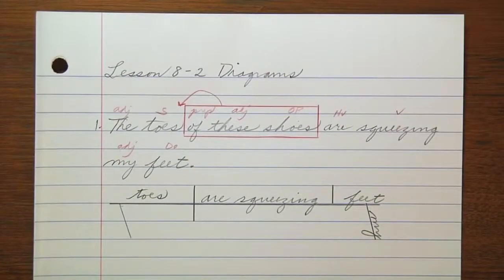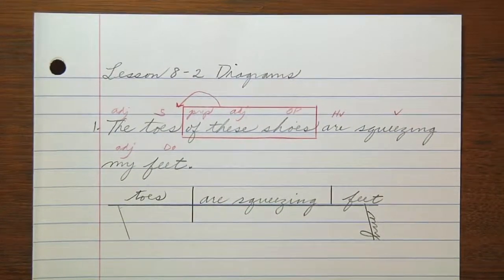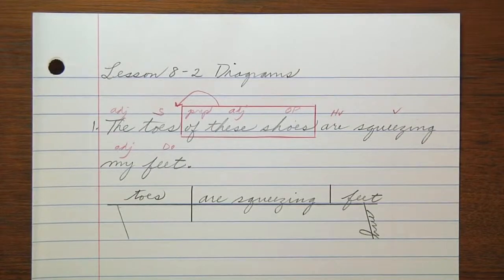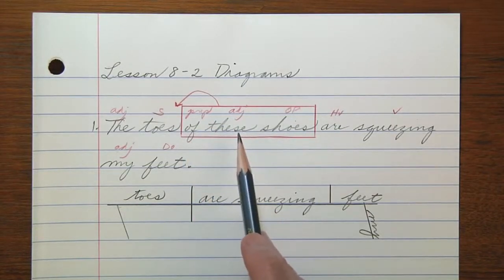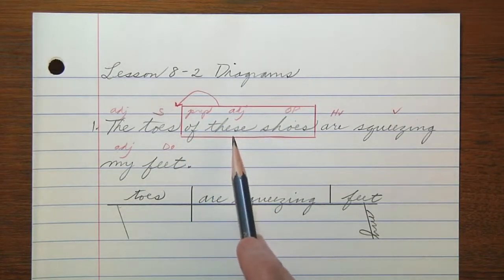So do that much. Pause if you need to, because now we need to talk about how to diagram a prepositional phrase. It actually makes great sense if we know that adjectives are under the nouns they're describing. So we know that this is really one thing, it's an adjective, it's a box, it's an egg.